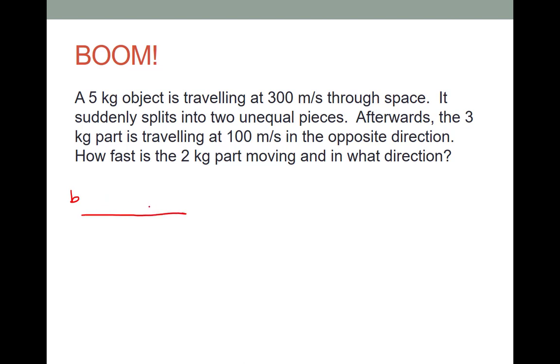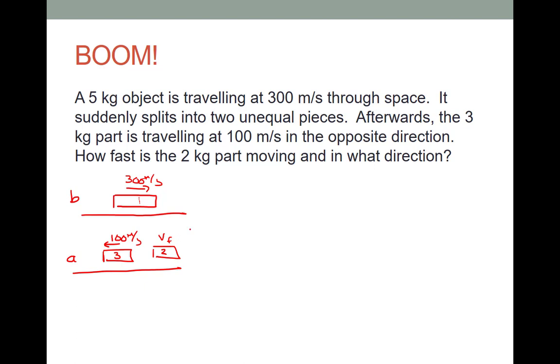So again, drawing a picture. Here's my object. I make a little dotted line to show that it is going to become 2 pieces, moving at 300 meters per second. After, I have the bigger piece moving 100 meters per second opposite to what it was originally moving.